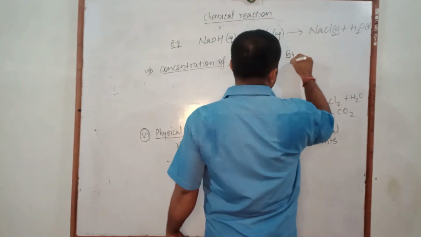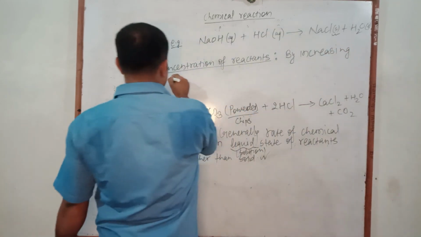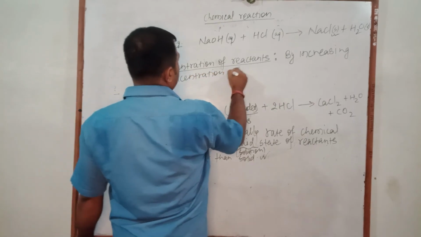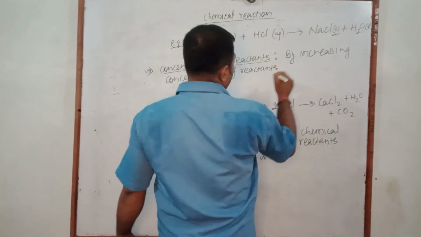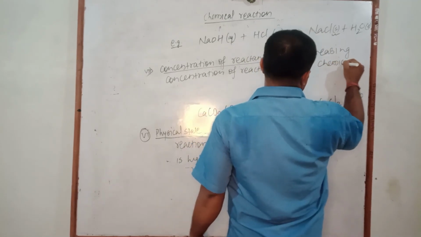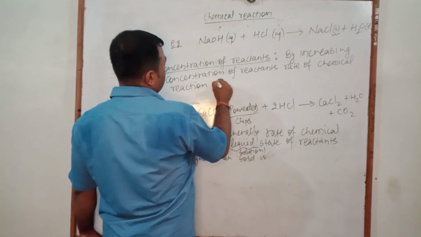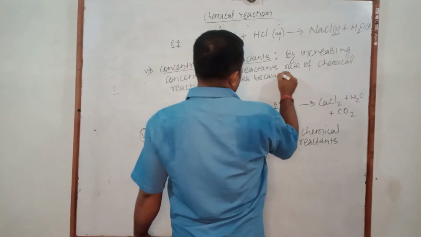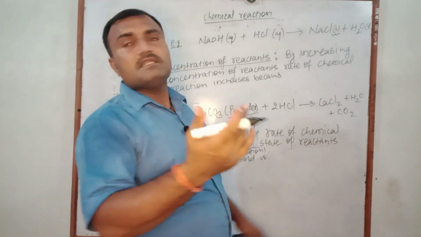And by increasing concentration of reactants, the rate of chemical reaction increases, because the number of reactant molecules taking part in the chemical reaction increases.